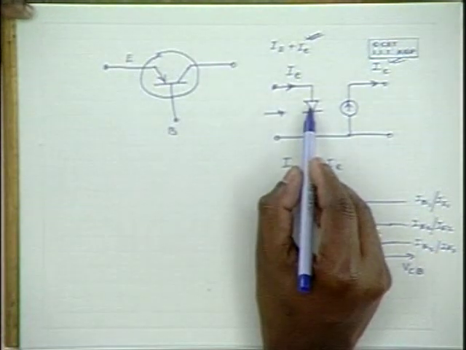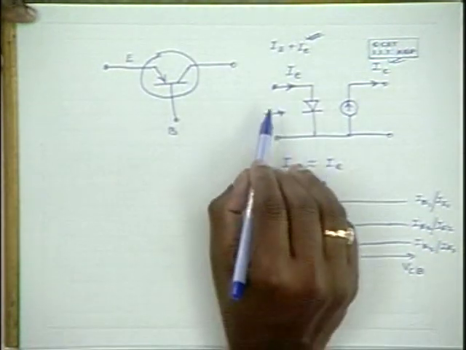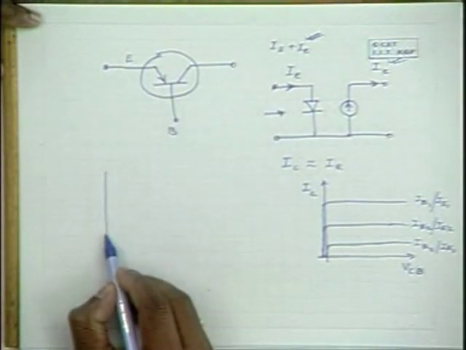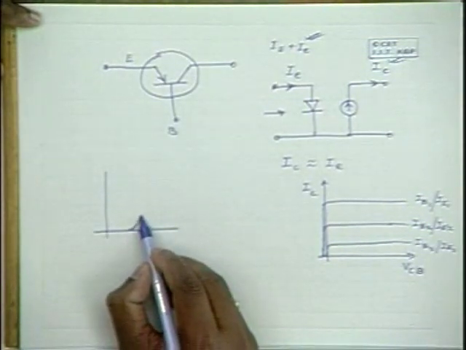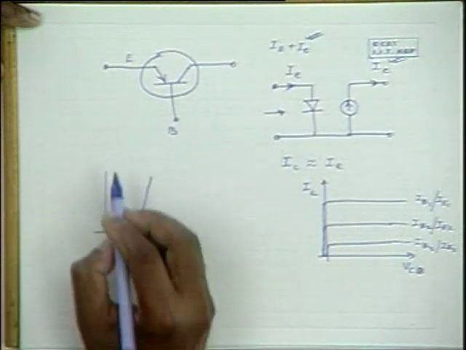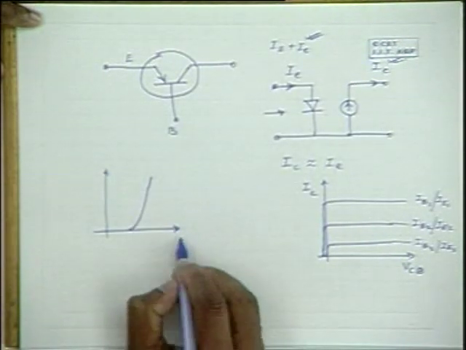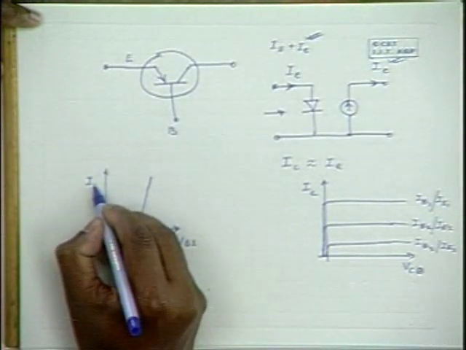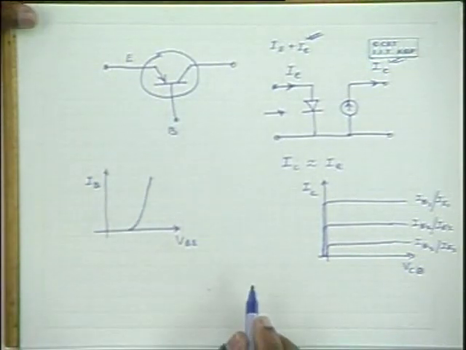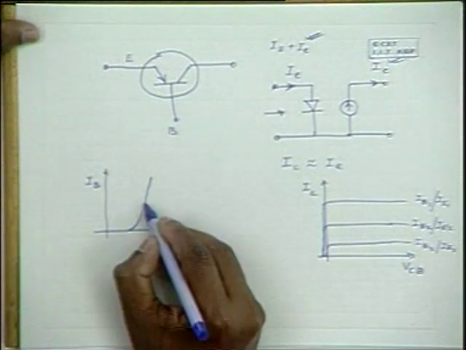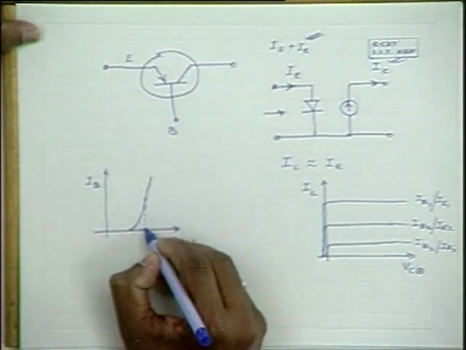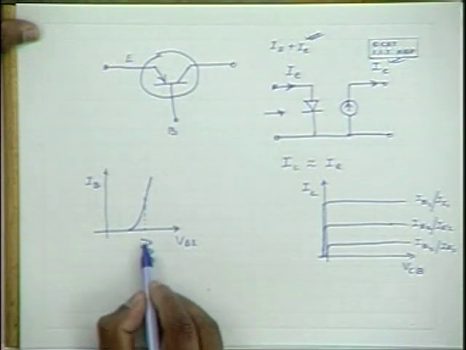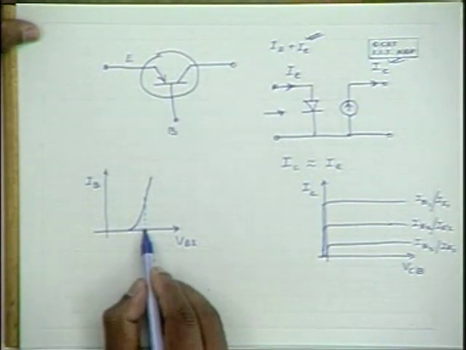Now for a diode, what is the input impedance it offers? If you look at the characteristics, it is like this. We bias it somewhere here, and we apply an alternating voltage signal around this value.